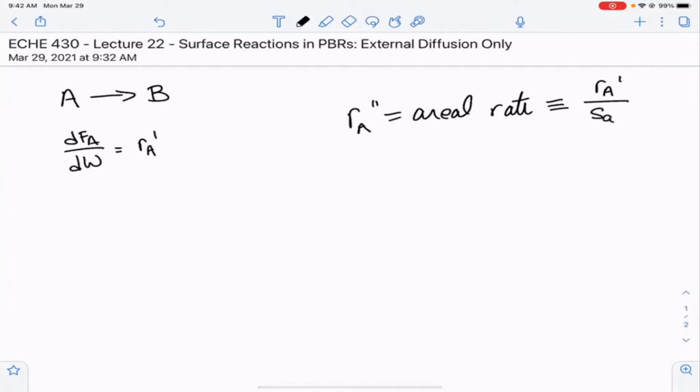We're going to call that S_A. And this thing has units that is essentially just meters squared per gram of catalyst, or at least it's some length squared over a gram of catalyst.